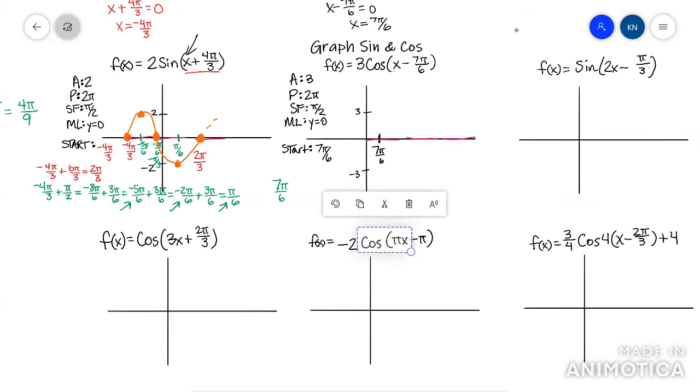So 7 pi over 6, I need to add pi over 2 each time. That's 3 pi over 6. So my first one's going to be 10 pi over 6, which is really 5 pi over 3. My next one's going to be at 13 pi over 6.